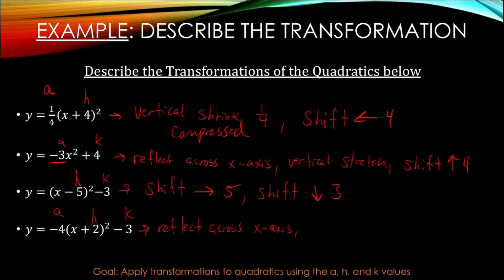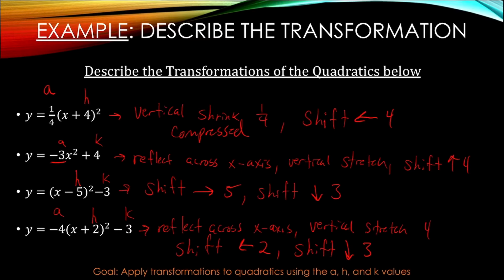The 4 is going to be a vertical stretch of 4. My H, +2, that means I'm going to shift to the left 2, and K is -3, so that means I'm going to shift down by 3. Okay, that's all transformations is.